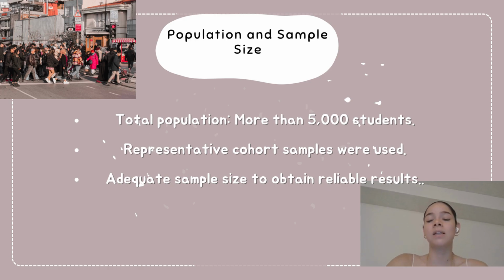Furthermore, a representative sample was used. Care was taken to ensure that the sample reflects the general characteristics of the entire student population. This gives strength to the results and allows the conclusions to be applied to a broader population within the same context.